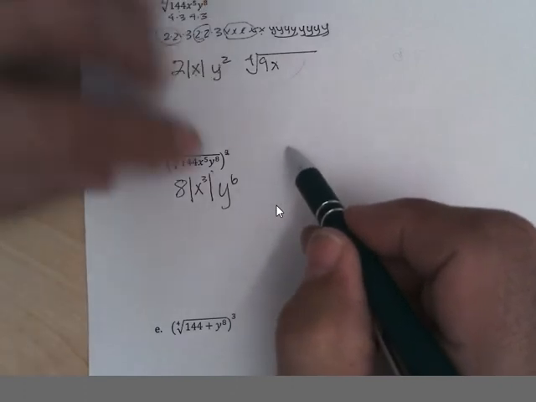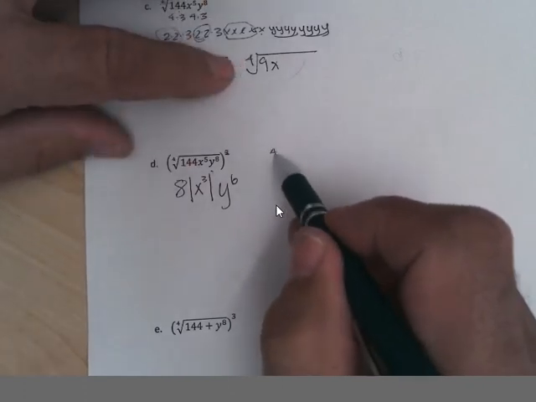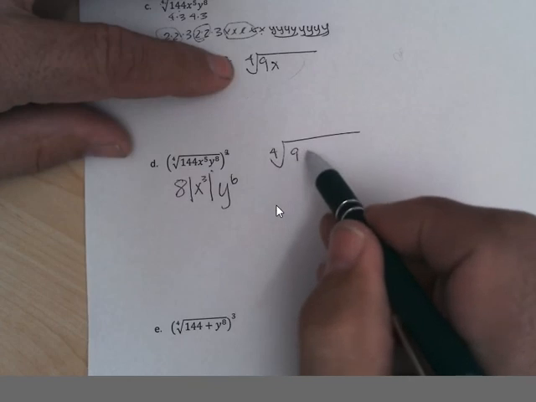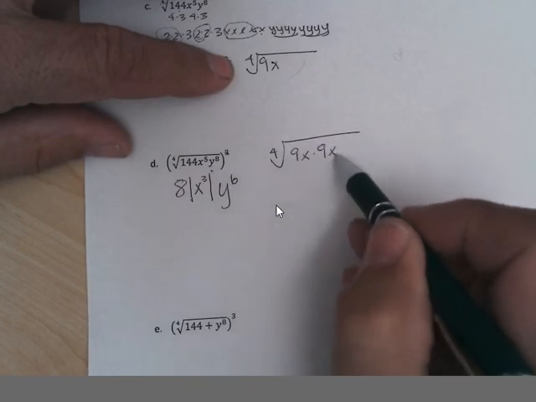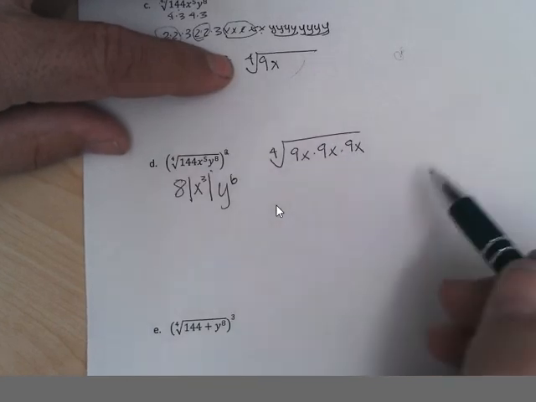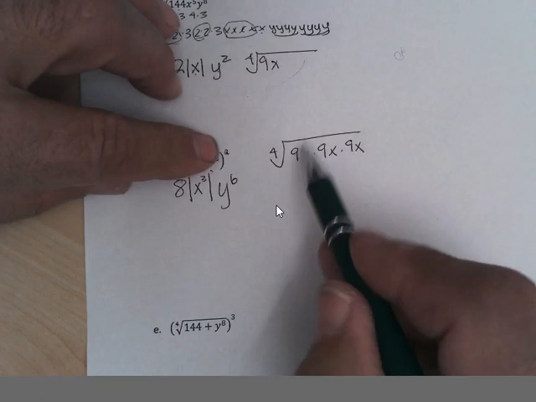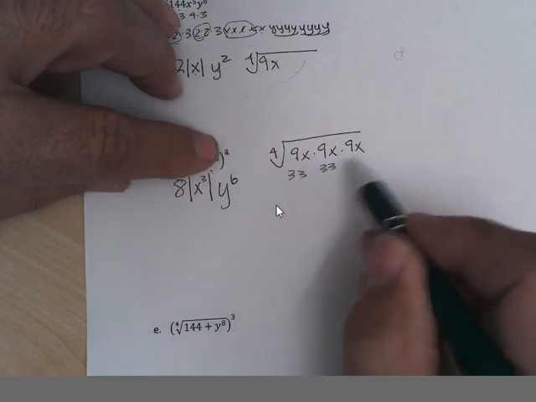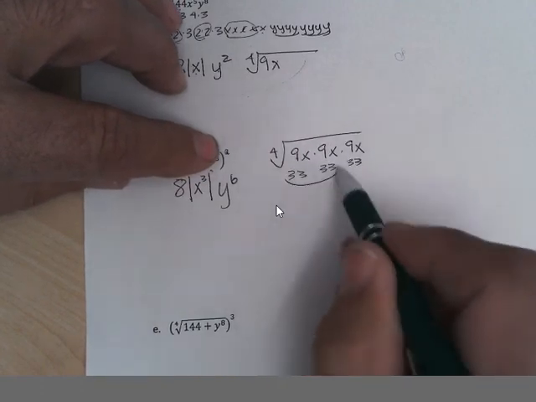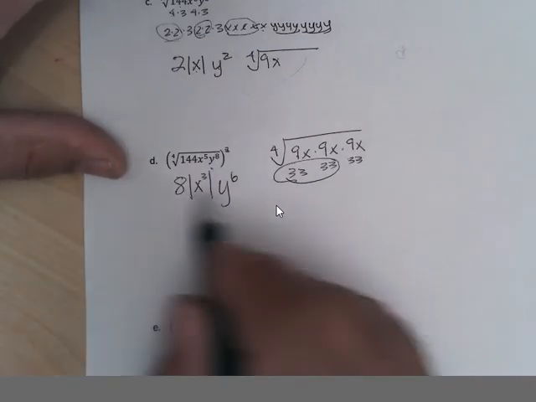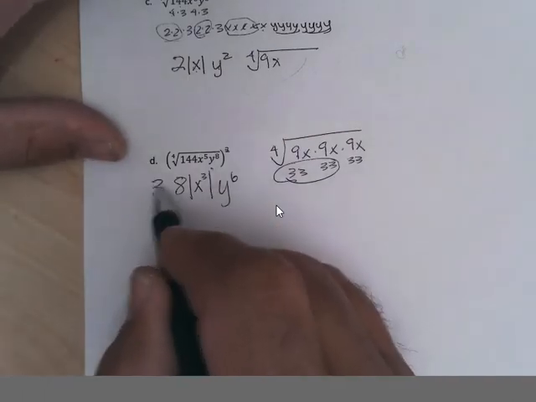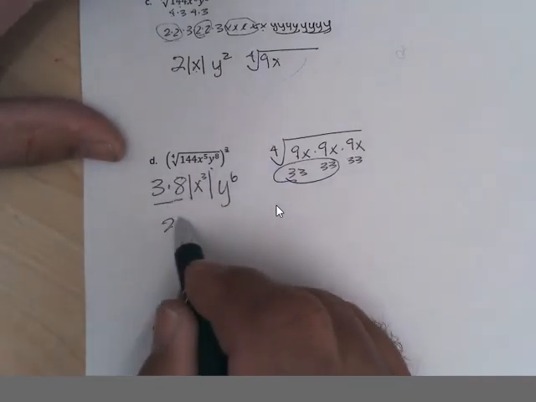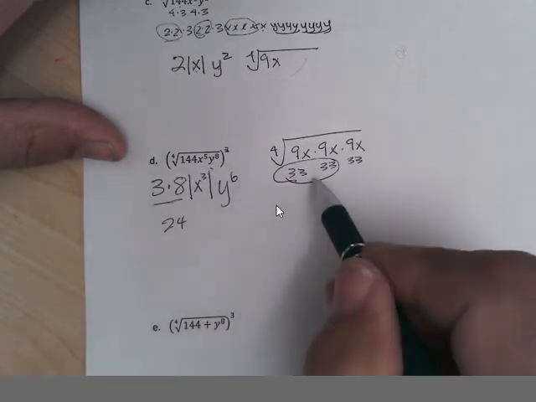Now I've got this 3 times, so I've got the 4th root of 9x times 9x times 9x. 3 times. But 9 is 3 times 3, so there's a group of 4 3's, so I can take out another 3. So I can write that as 24, but I'll write 3 times 8.